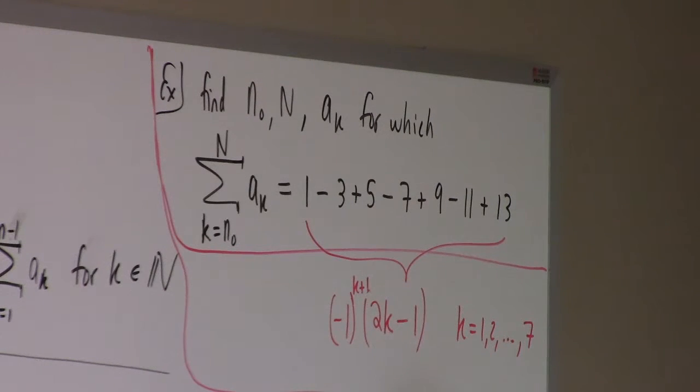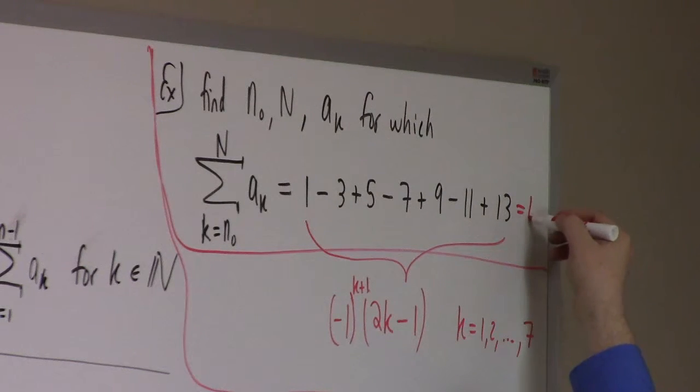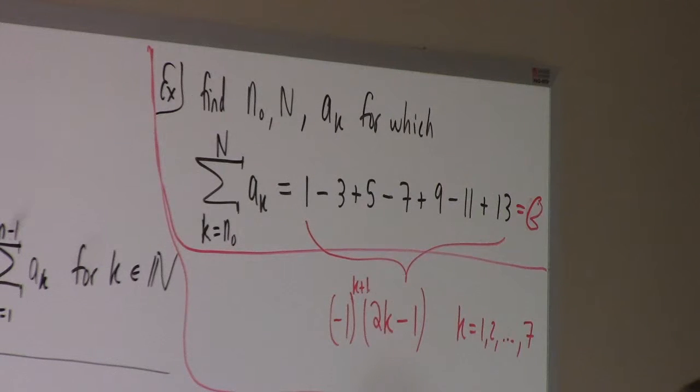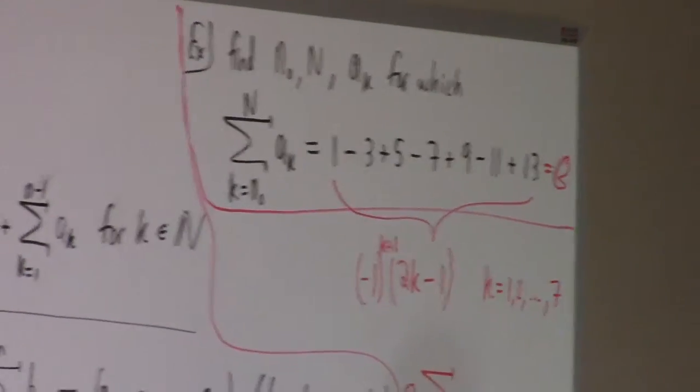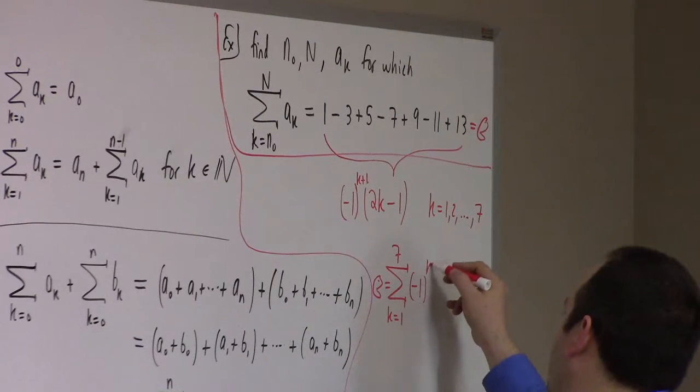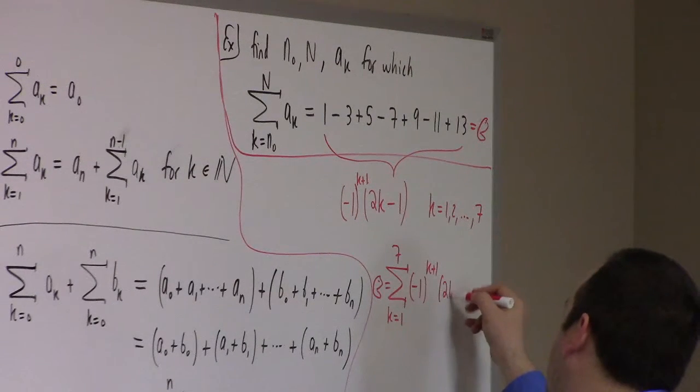And so there you have it. You can choose, basically you could say that what you have is the sum. We can re-express, let me call this thing L. I don't want to call it L, let me call it Pac-Man, all right. So we could re-express Pac-Man as the sum k equals 1 to 7 of minus 1 to the k plus 1 times 2k minus 1.